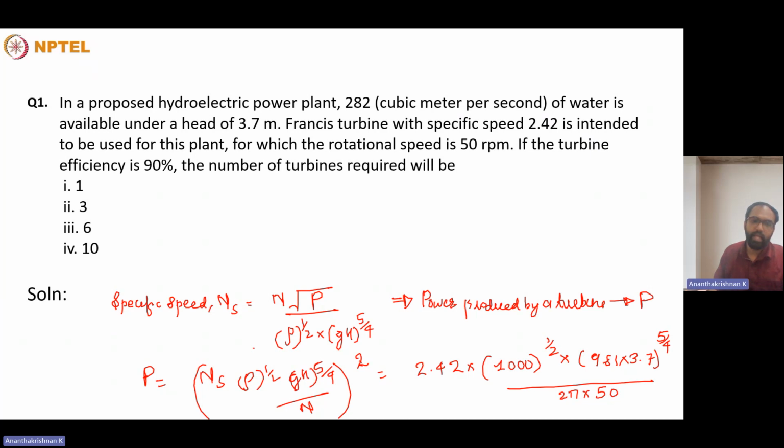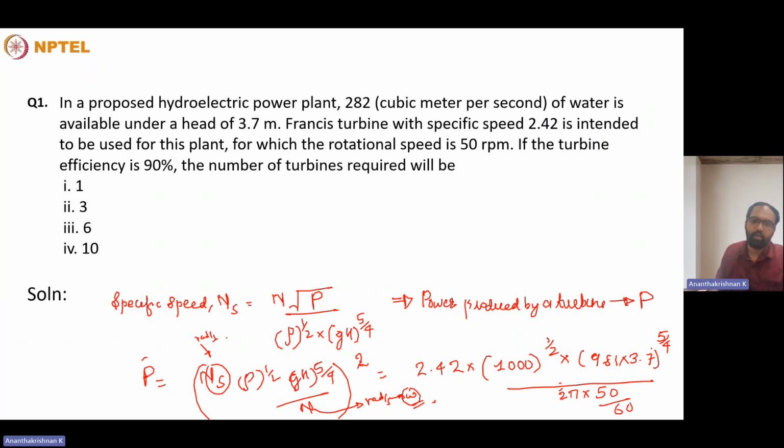In this dimensionless form, the specific speed should be in terms of radian per second. So this N should correspond to radian per second, or omega. The omega can be represented as 2 pi N by 60.